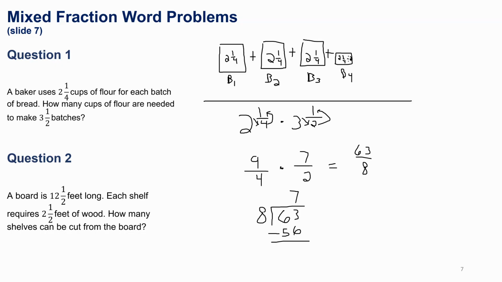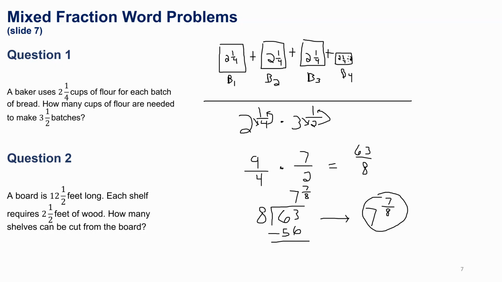And then we're going to do 63 minus 56, which is equal to 7. And then we keep the same denominator, which is 8. So in other words, what this is basically telling us is that we need 7 7/8 cup of flour to make 3.5 batches of bread here.